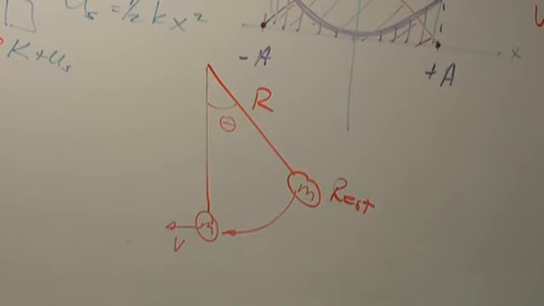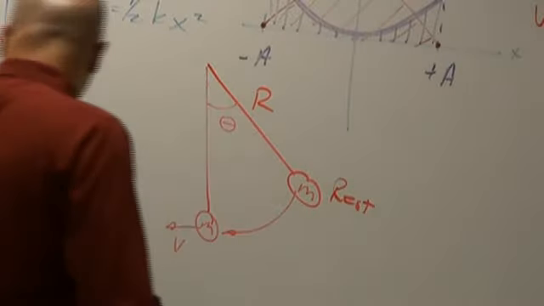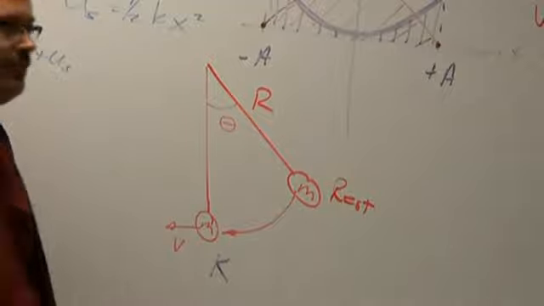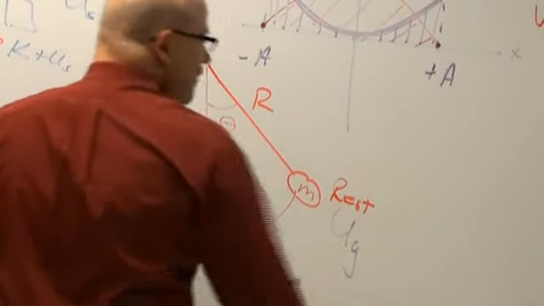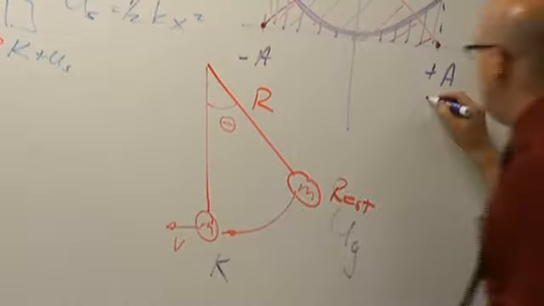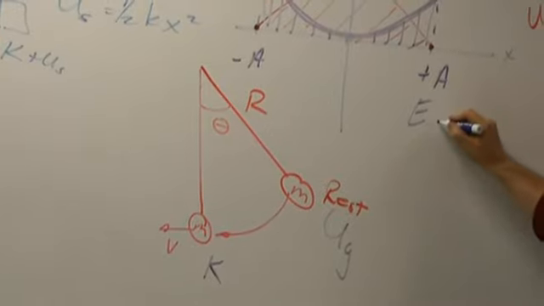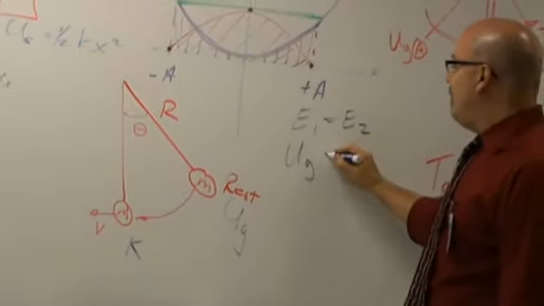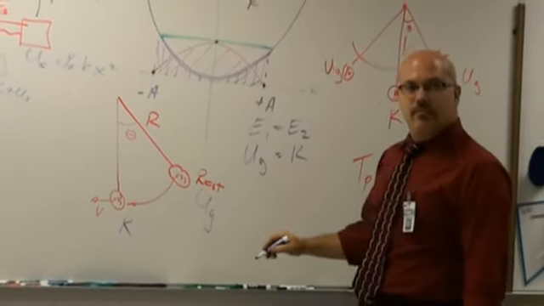The comment was made that it's purely kinetic at the bottom. So it's kinetic down here. What kind up here? Potential. So this looks pretty easy. Can we use conservation of energy? E1 equals E2. So it's this at the top, and it's this at the bottom.